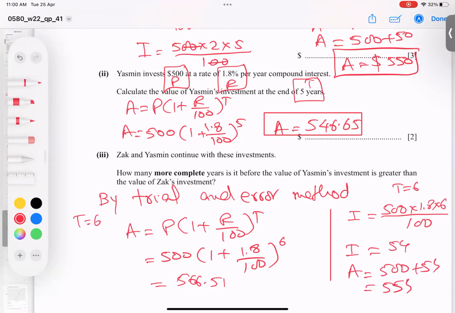Let's see what answer turns out here with 6. When I type it in the calculator, the answer is 556.4849. It is also crossing it here, so Yasmin's amount is more than that.